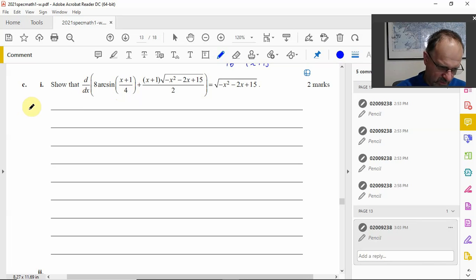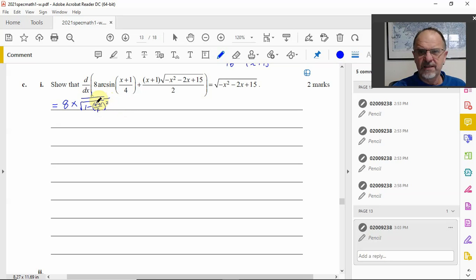When you do that, you'll find there's 8 times 1 over the square root of 1 minus, and the angle part, in this case, is x plus 1 on 4, squared underneath there.